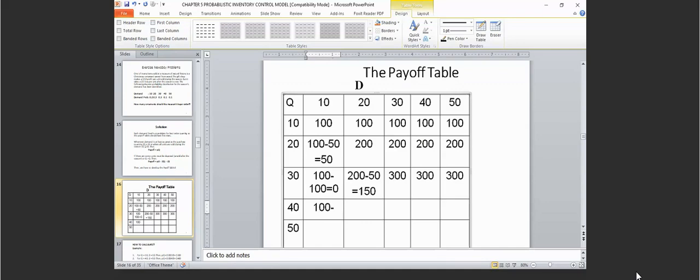Iaitu 30 unit yang tak dapat dijual didarab dengan RM5 loss, maka kita akan dapat 150 loss kan. Maka di sini expected profit kita sebanyak negatif 50. Kita menanggung kerugian sebanyak RM50.